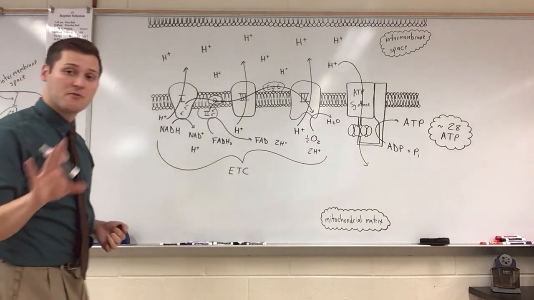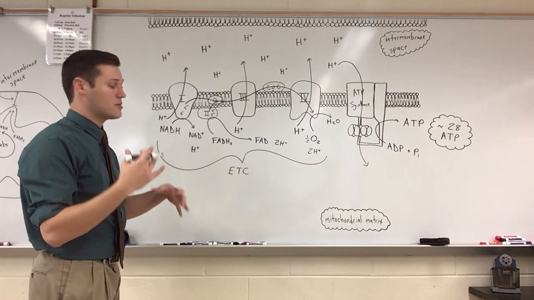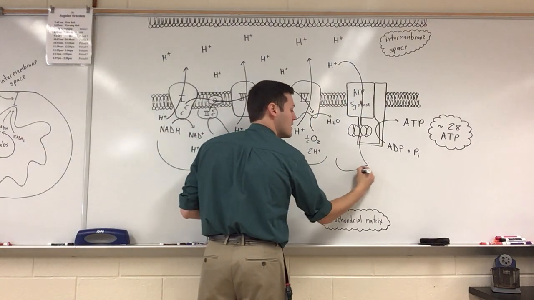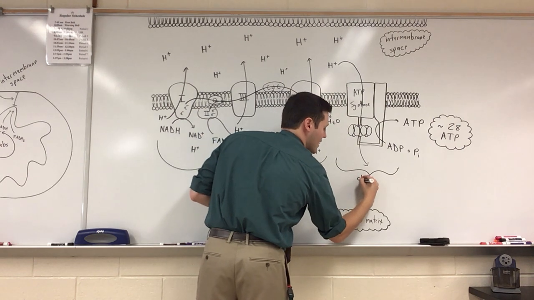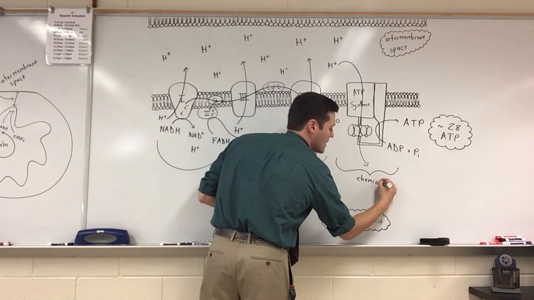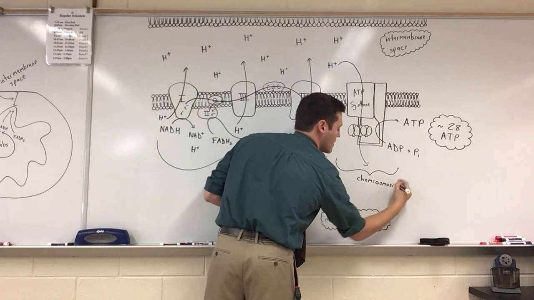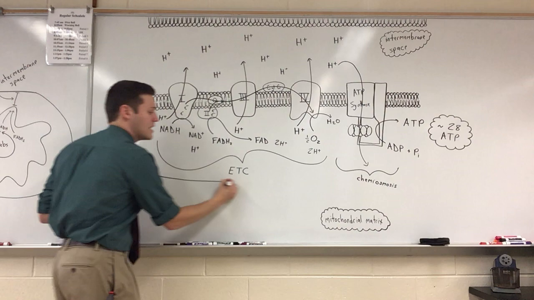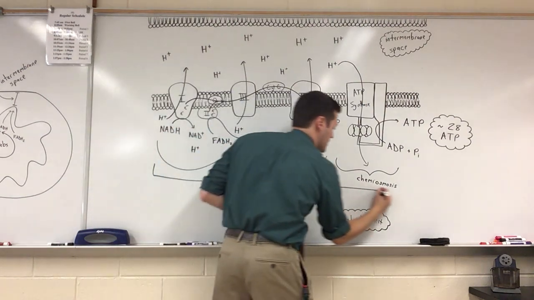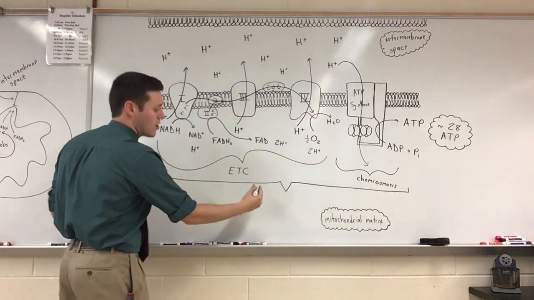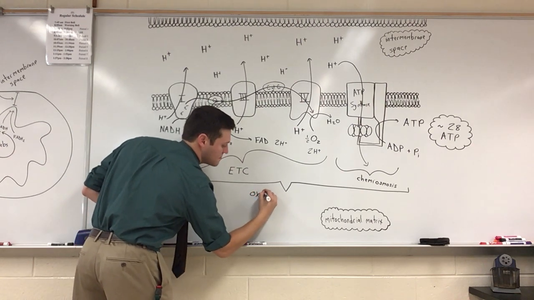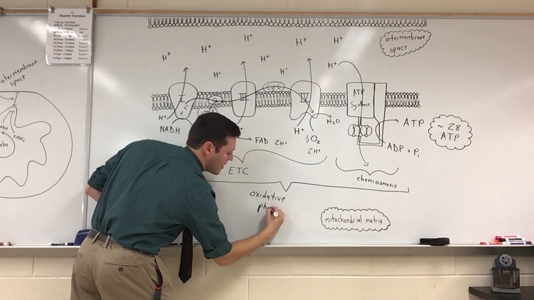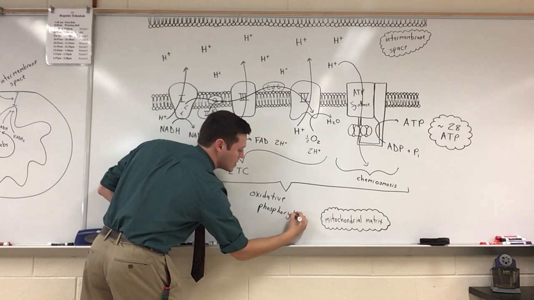I want to throw a couple of vocab terms at you just to kind of come full circle. This process right here is called chemiosmosis. And this whole process here is called oxidative phosphorylation.